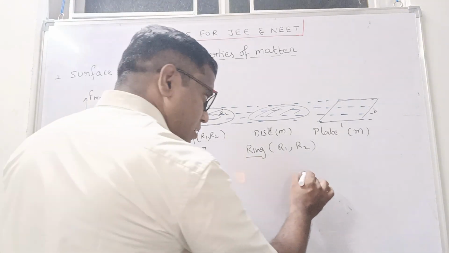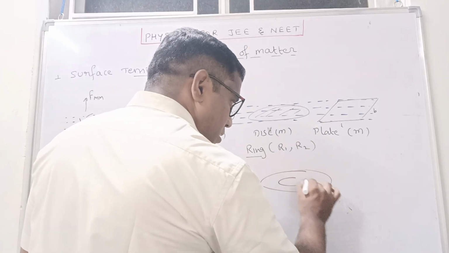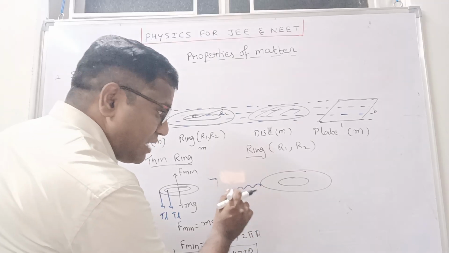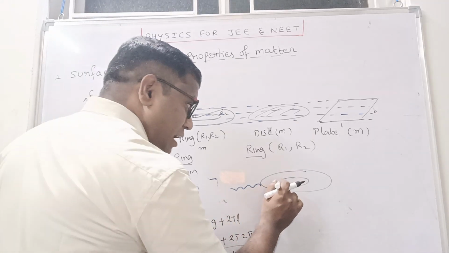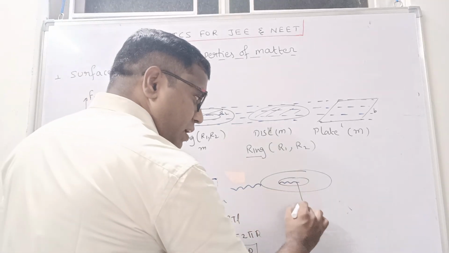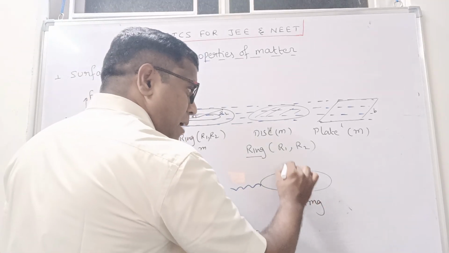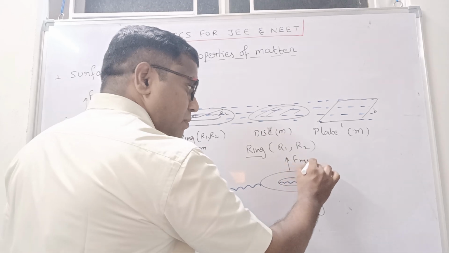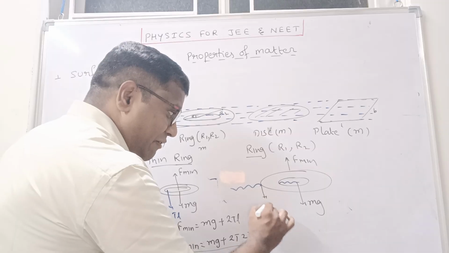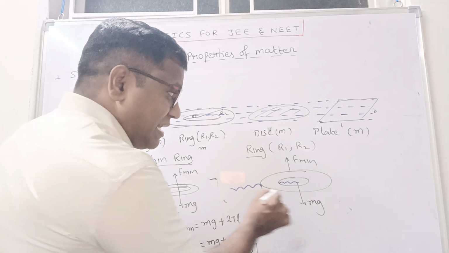For this, see here, try to understand. Here liquid is there, and here also liquid is there. Clear? So now downward mg will act, upward F minimum, and due to this contact TL will be there. This length is different.